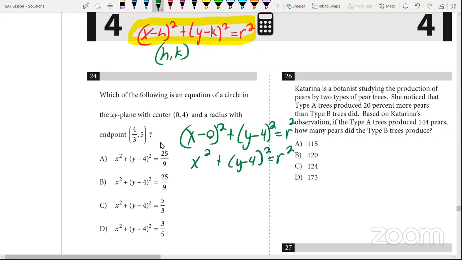So we already know that this can't be right and this can't be right because we need y minus 4. And then for the other point, if it's a point on the circle, and this is the equation of the circle, we can plug that in as the xy combination. So x is 4/3 and y is 5, and just solve from there. So 4/3 squared plus 5 minus 4 squared equals r squared.